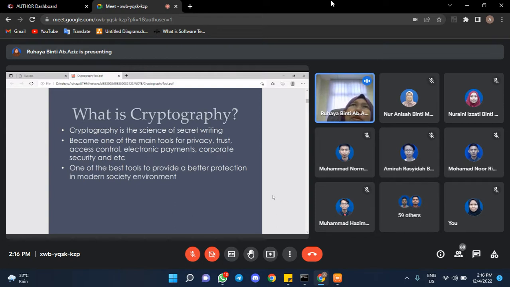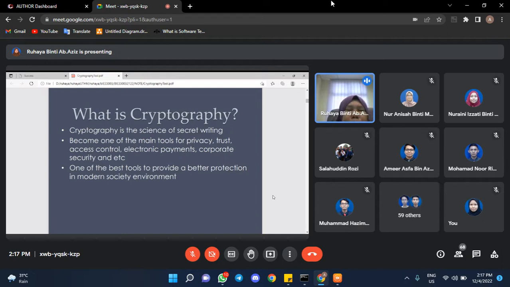I think your seniors previously did something on blockchains. Some of you have heard about blockchains, crypto money, right? Ada kan? Pernah tapi tak faham. Ya, sama. Cryptocurrency, blockchains. So the basis is actually from here, cryptography.